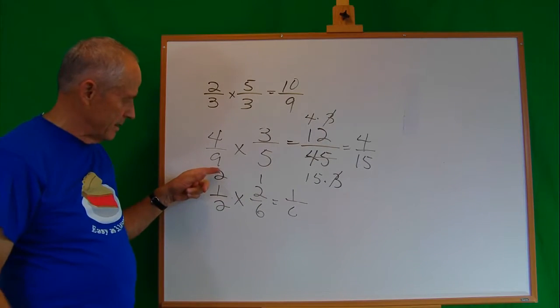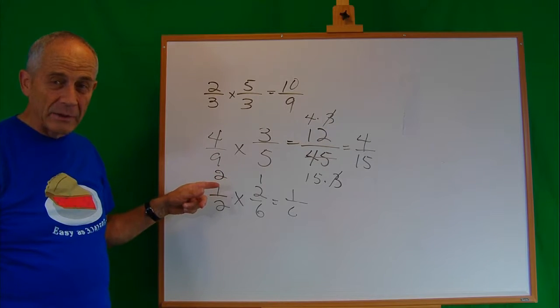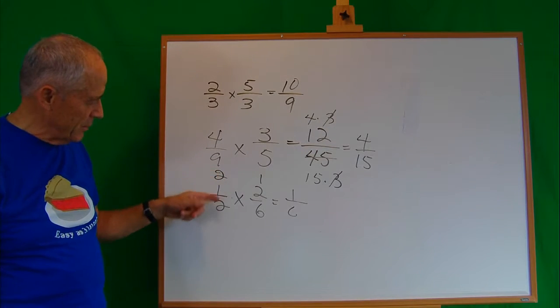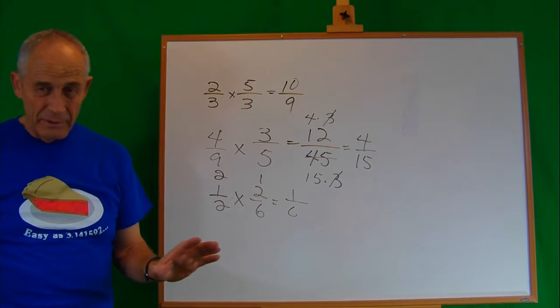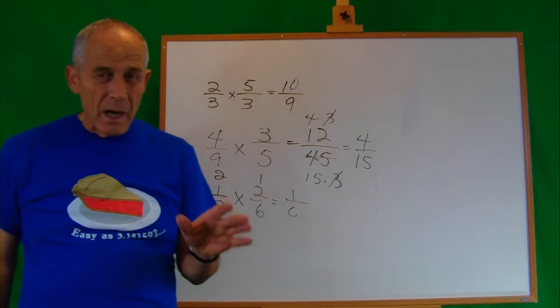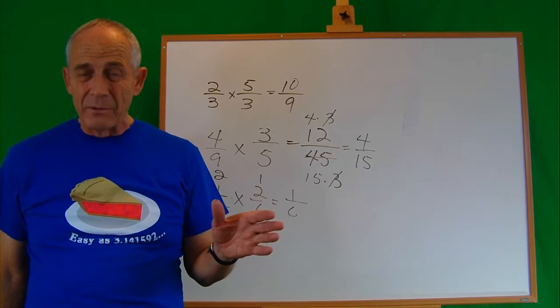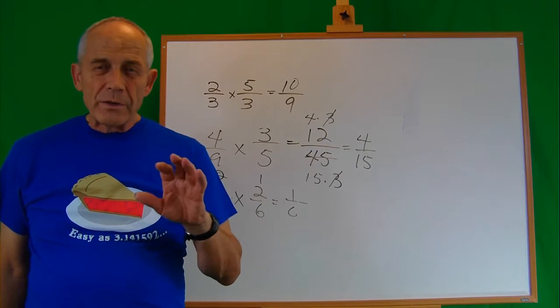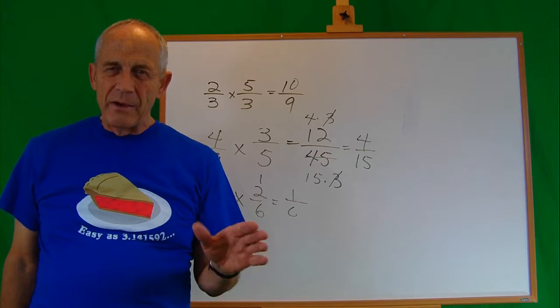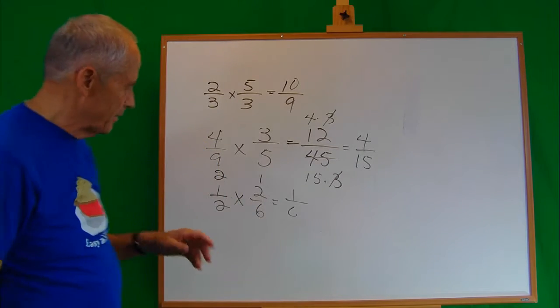Now notice, I have a common factor in my numerator and denominator. There's a 2 right there in that same fraction. There's a 2 that's common to those. And anytime we have a common factor in a fraction, we can take it out. So we're going to expand that just a little bit now and maybe save ourselves some time.